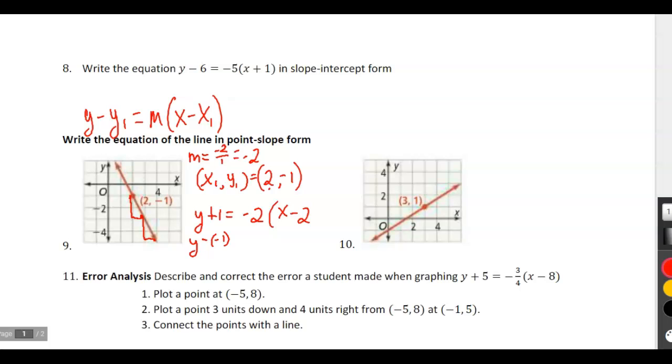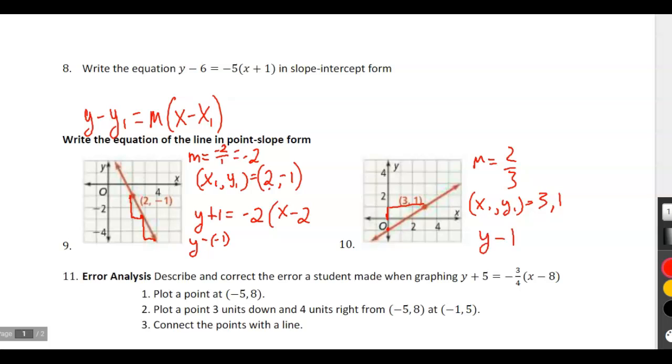Same thing. Trying to figure out the slope on this one. It looks like it goes through there. So I'm going up 1, 2 over 3. So I got a slope of 2/3. And my point, my x1, y1, is equal to 3, 1. So we just do y minus y1.